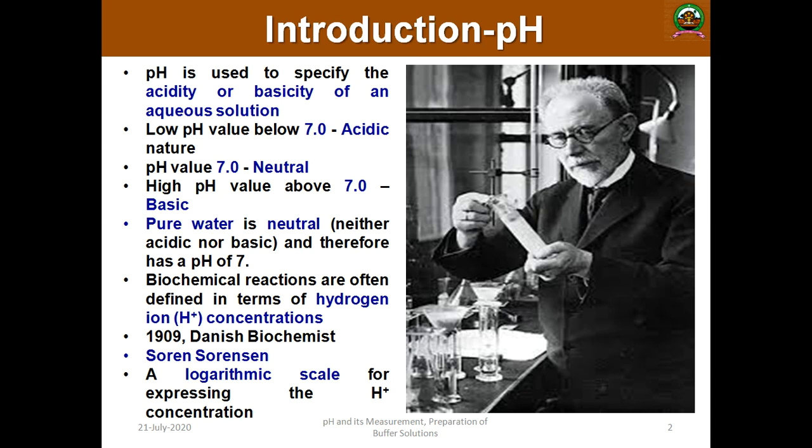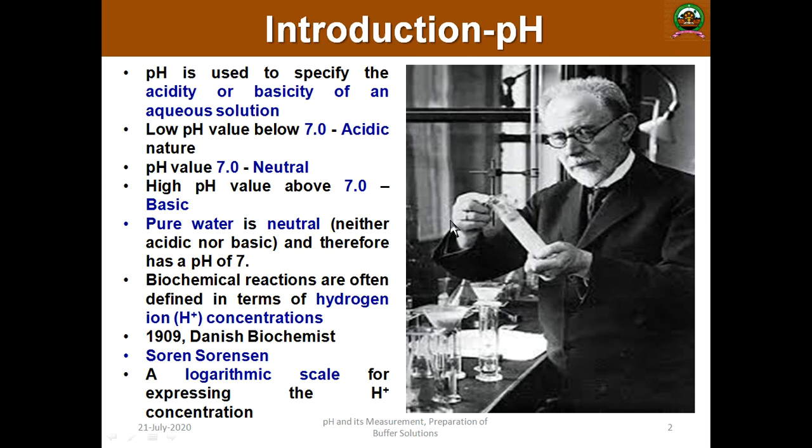pH may be defined as the negative logarithm to the base 10 of hydrogen ion concentration. That is, pH is a logarithmic scale for expressing the hydrogen ion concentration. The pH can be expressed in terms of the negative logarithm of the hydrogen ion concentration.